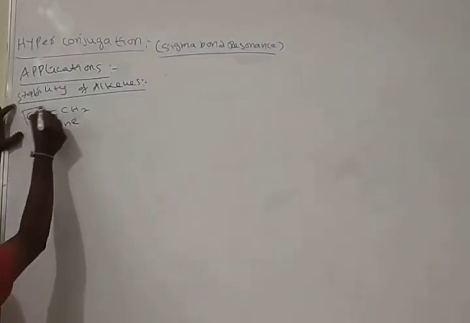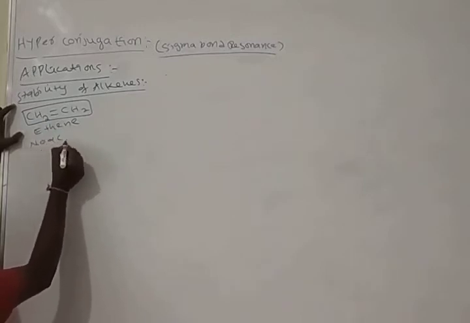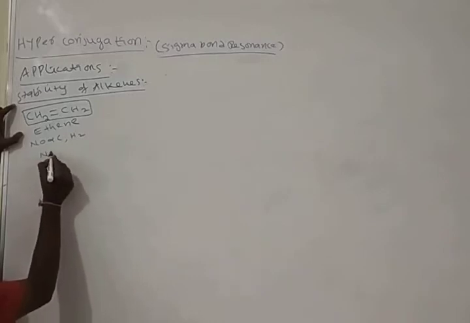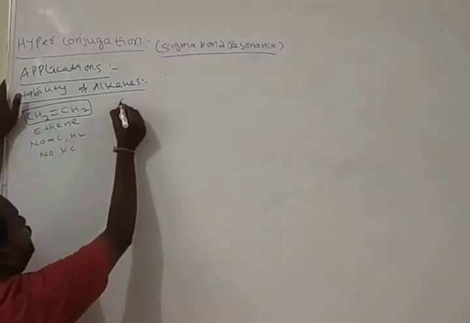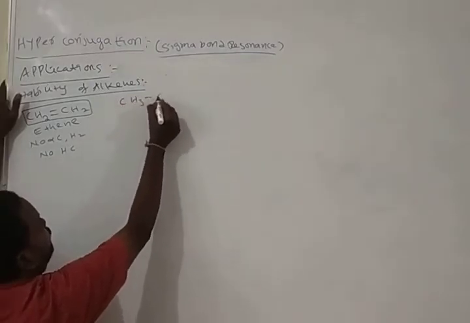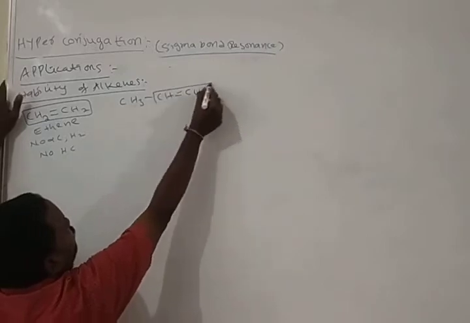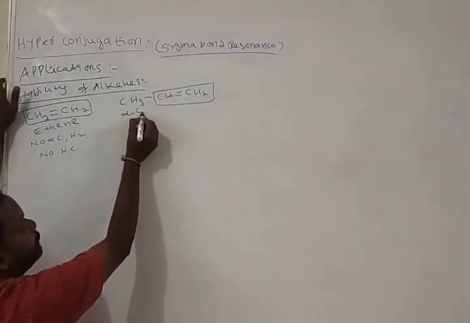Here this is the functional group. So here there are no alpha carbons and hydrogens, which means no hyperconjugation. Then I am taking one more molecule, CH3, CH double bond CH2. Here this is the functional group. This we call the alpha carbon.